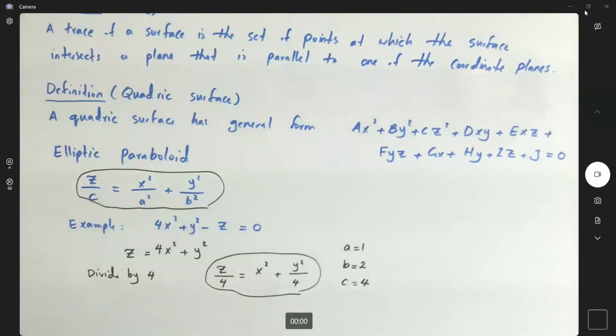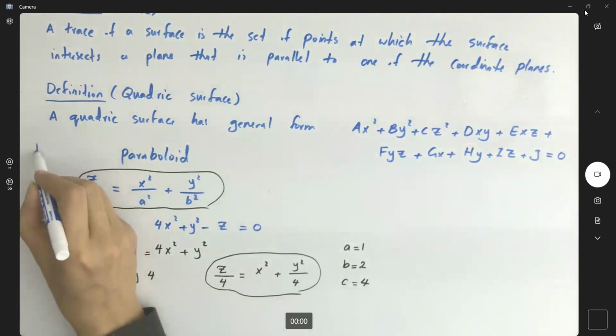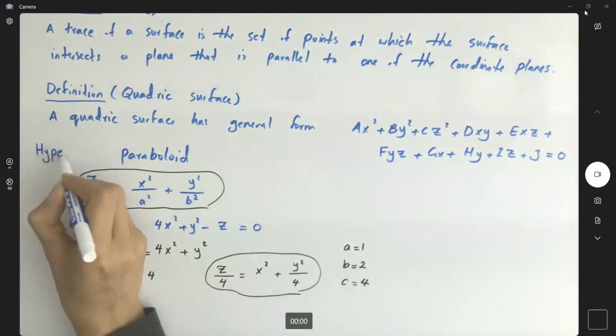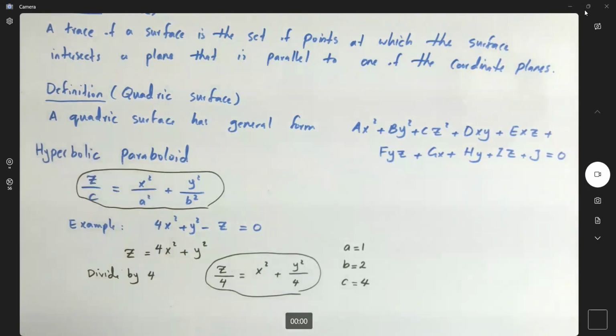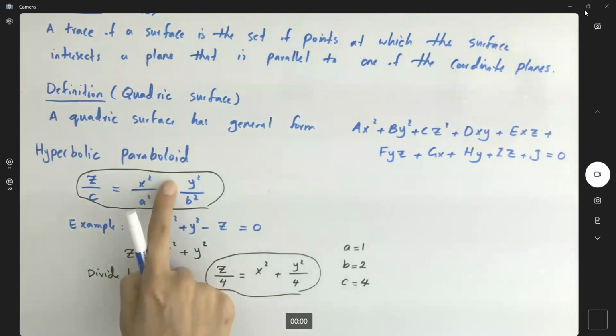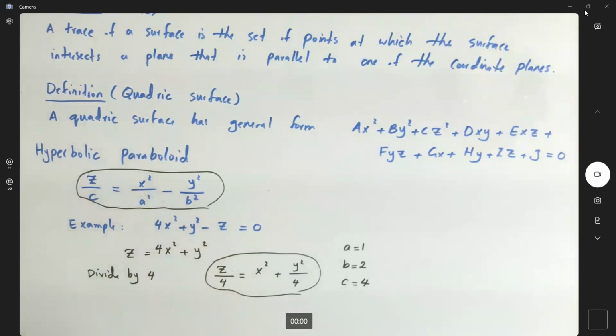The next surface is called hyperbolic paraboloid. So let's take a look at the following. Hyperbolic paraboloid. Well, you're going to have a subtraction between x squared and y squared.